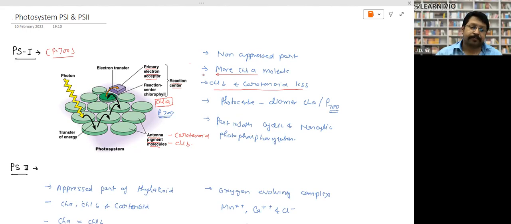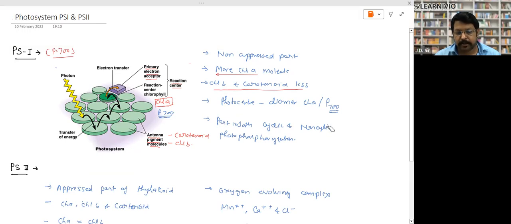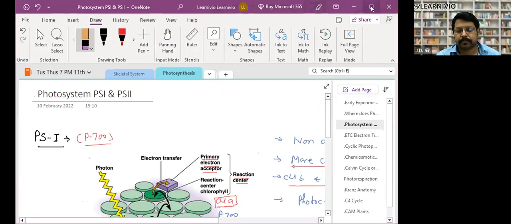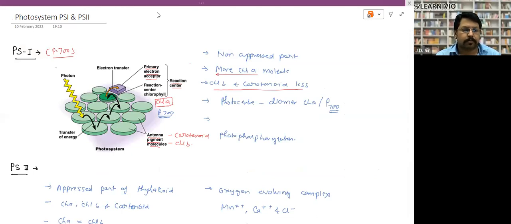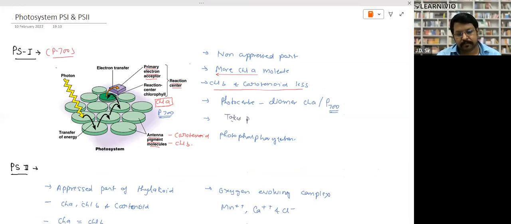It takes part in both cyclic and non-cyclic photophosphorylation, meaning cyclic and non-cyclic reaction, right?